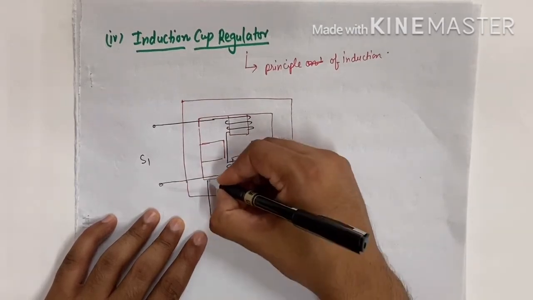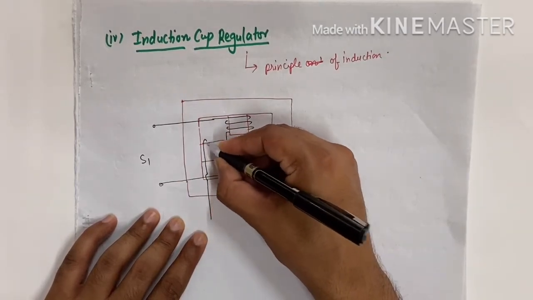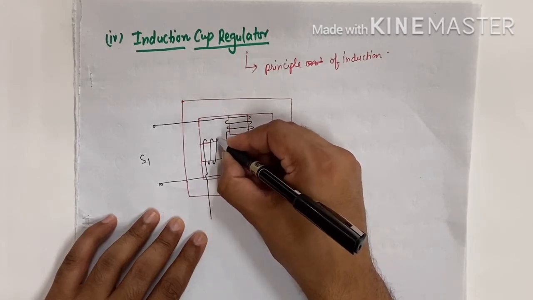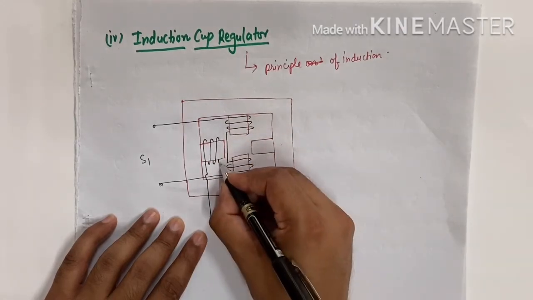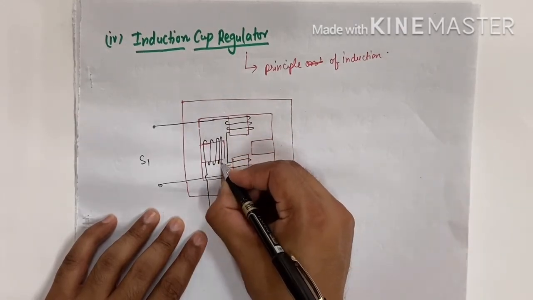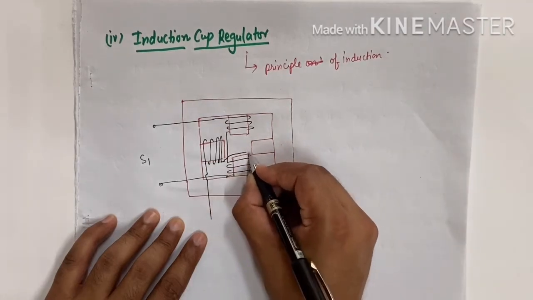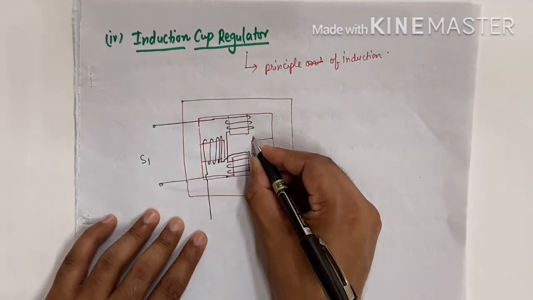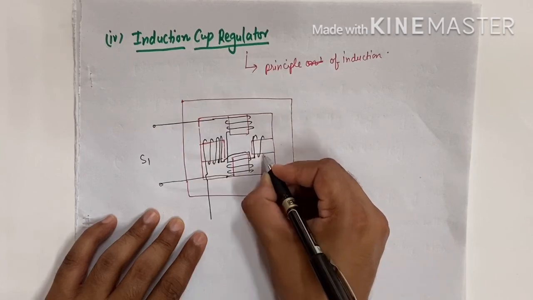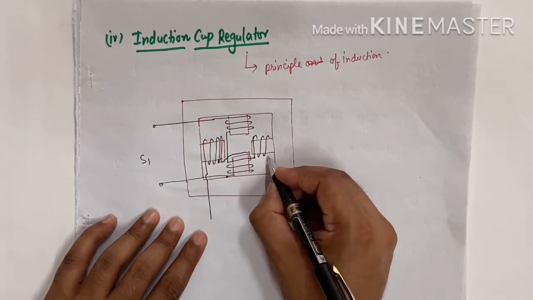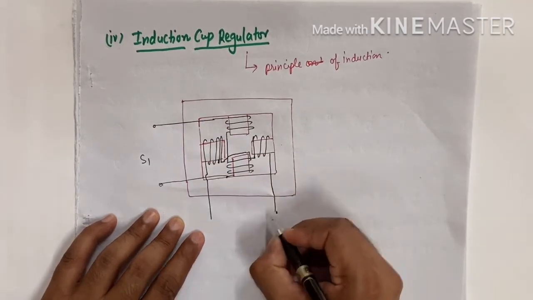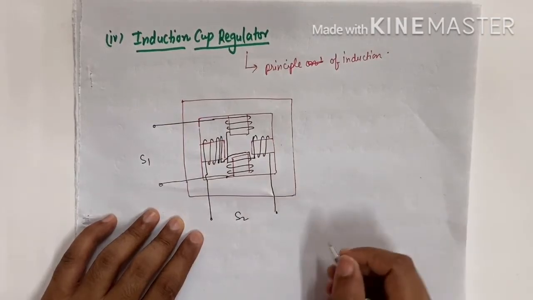After that, this is called the S2 winding.